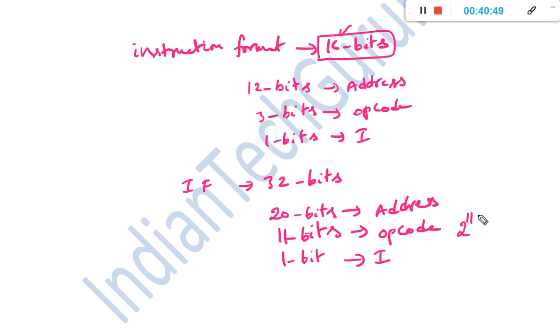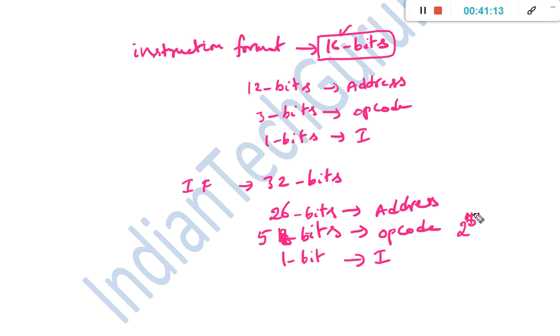If I assume that that many operations are not required, then what are we going to do? We are going to reduce the bits for operation code. For example, we can make this 5 bits and we make the address 26 bits. Like that we are going to change accordingly.